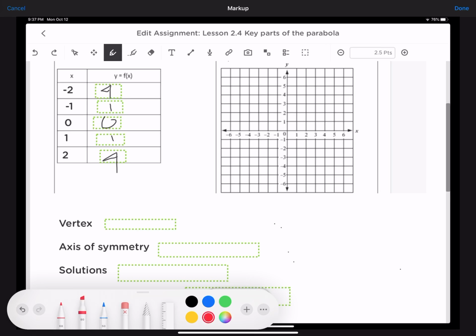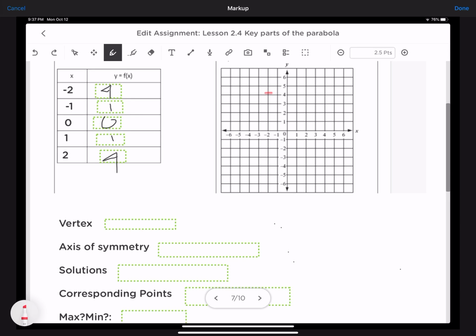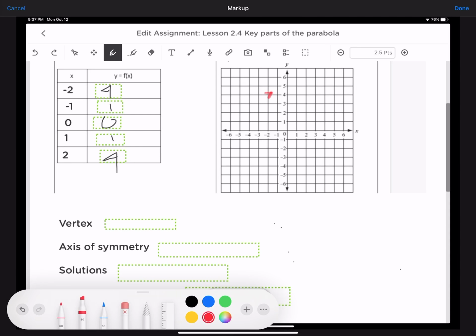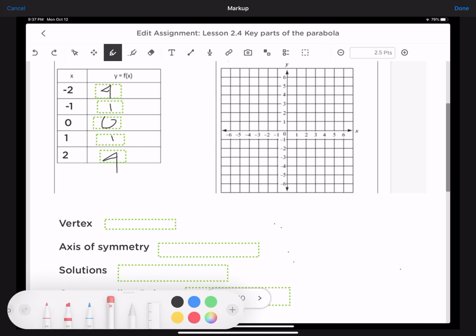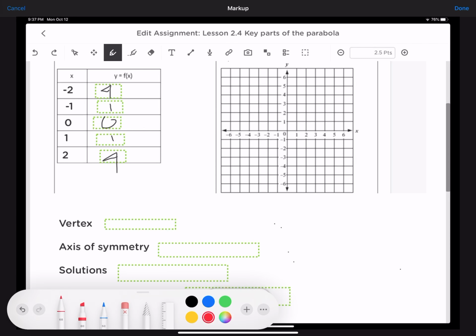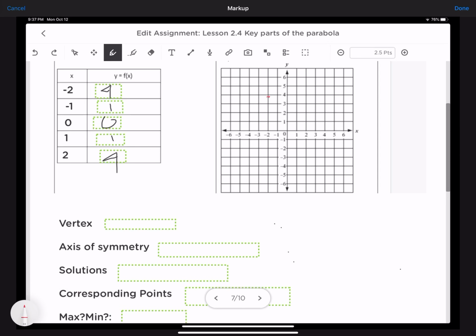So -2, 4. We're going to go -2, 4. That is not a good pen to use, so we're going to undo that. I'm going to do the point. So I'm going to do 2, 4, that -2, 4. It's about right there.